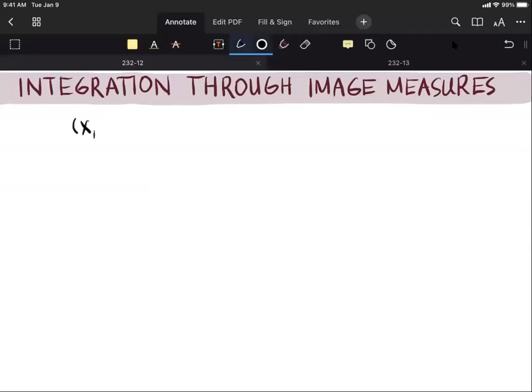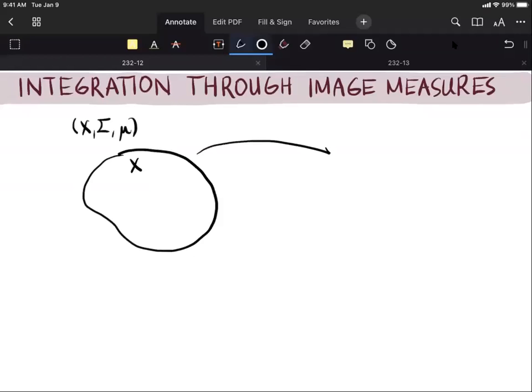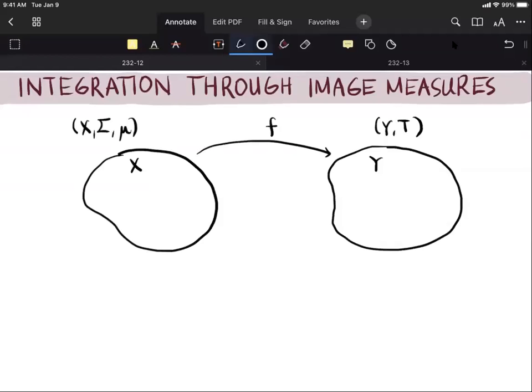For the domain, suppose I have a measure space (X, sigma, mu), and I have a mapping f from X into Y, where Y is some measurable space, and tau here is the corresponding sigma algebra.